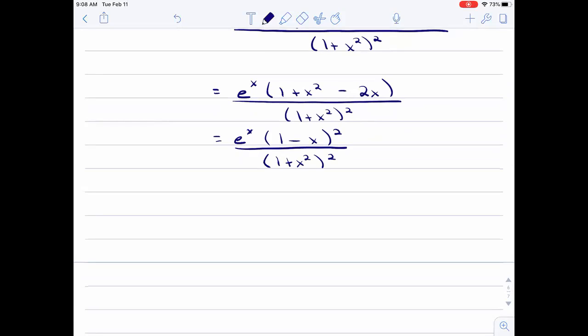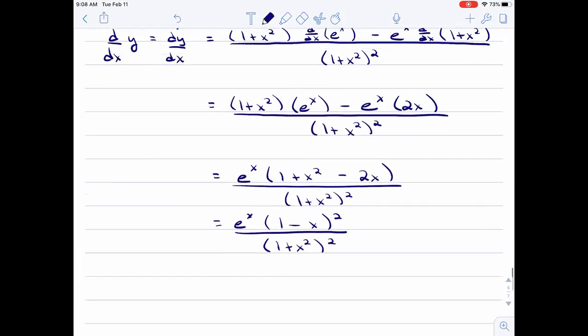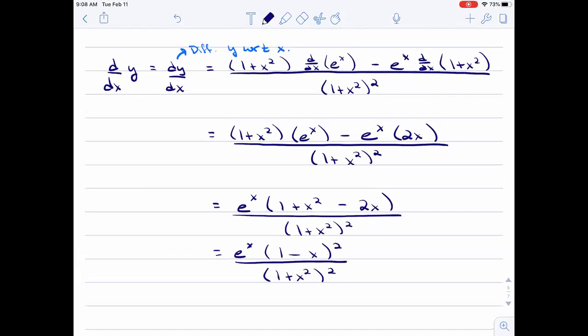So there's nothing that we can cancel here, right? We're able to condense it just a smidge more. This is the function for the slope of the tangent line at any value of x.